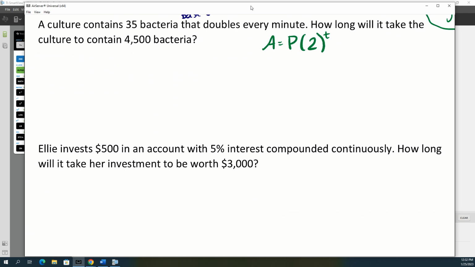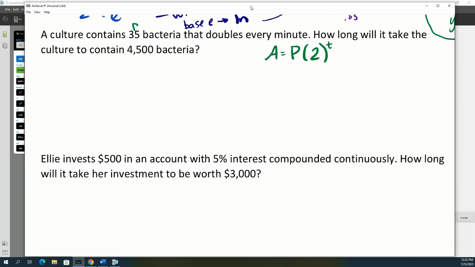So what is 35 going to be? Initial, P, yeah, it's going to be P. All right, what about 4,500? It's going to be A. And t is what we're looking for.